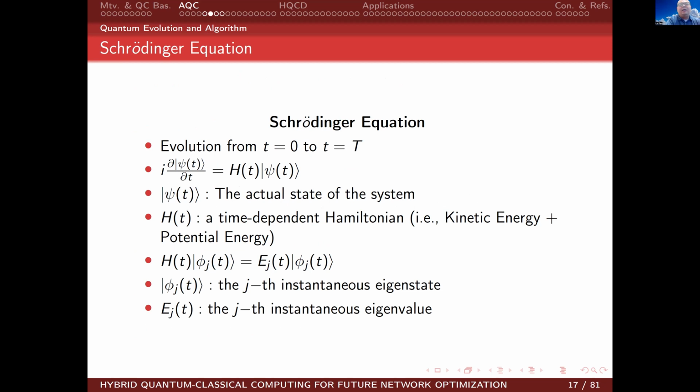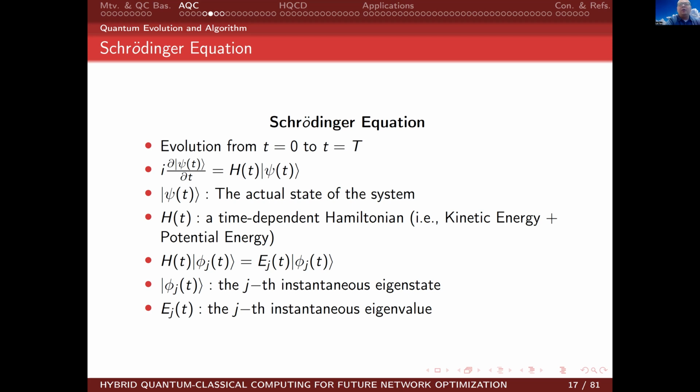So for quantum dynamics, one of the important equations is the Schrödinger equation, right? This Schrödinger equation describes how the quantum system evolves from time 0 to capital T. Here we have the derivative of the state, where psi represents the actual state of the system at time t, and H(t) is a time-dependent Hamiltonian.